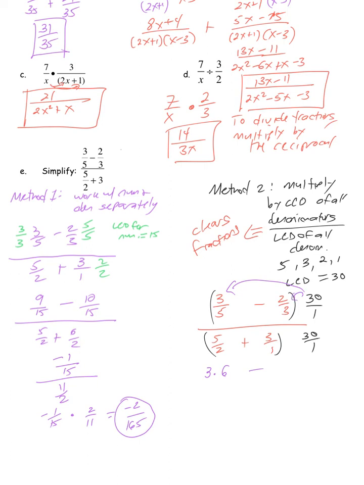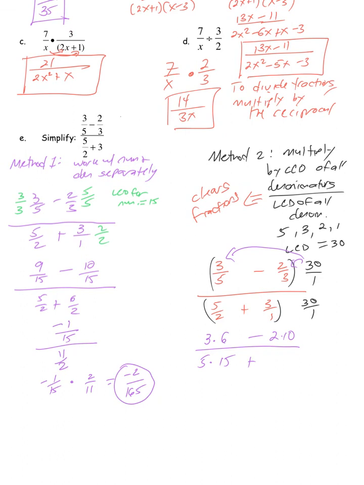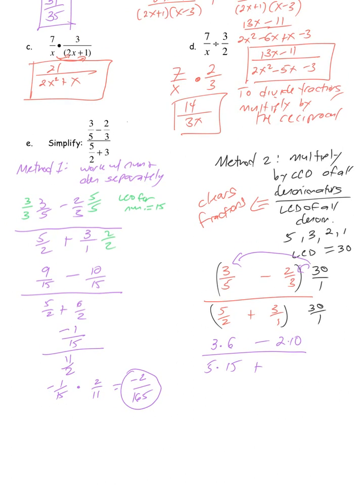And 30 divided by 3 is 10. So we're left with 2 times 10, which is 20. And then in the denominator, we have 5/2 times 30. 30 divided by 2 is 15. So really this becomes 5 times 15 plus 3 times 30. 3 times 30, which is 90.